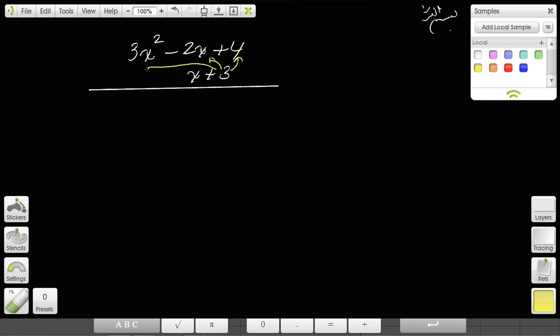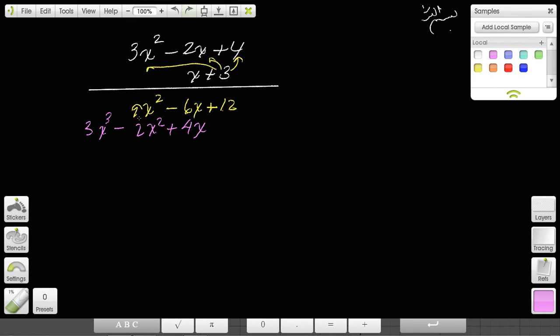So that's positive 12, and that's negative 6x, and then that's 9x squared. Now I take the x and multiply, and I get positive 4x, and then negative 2x squared, and then 3x cubed.